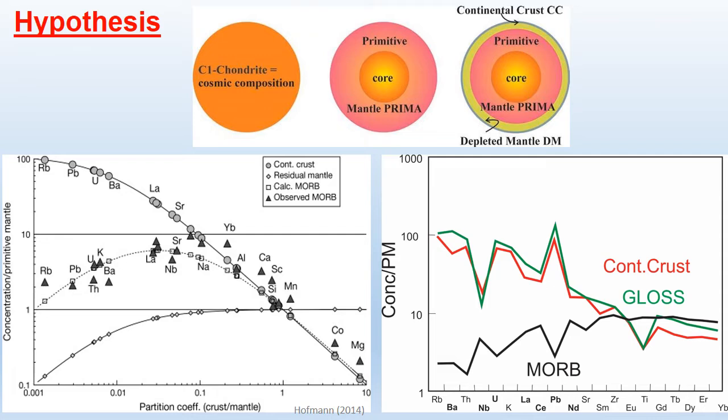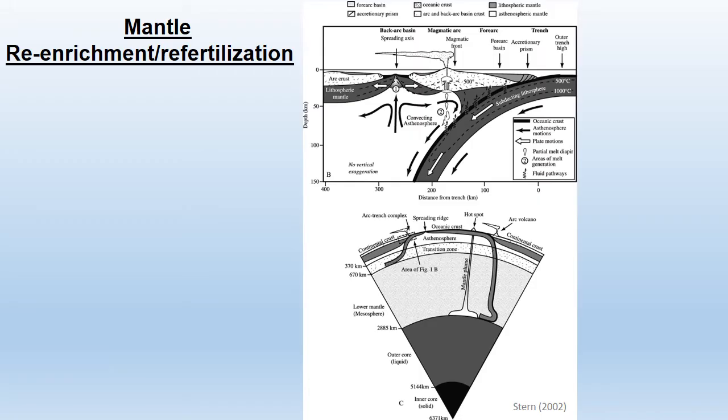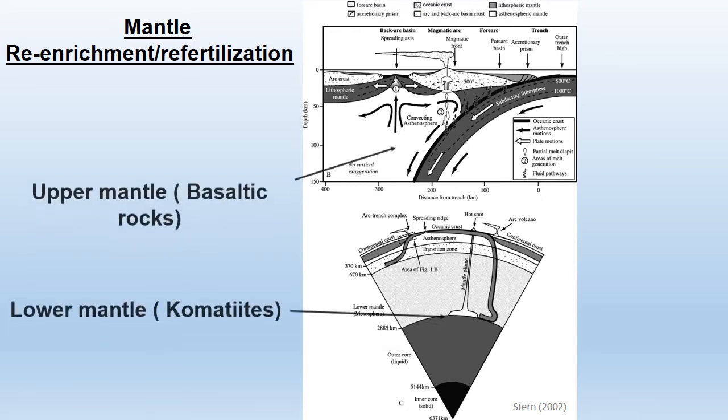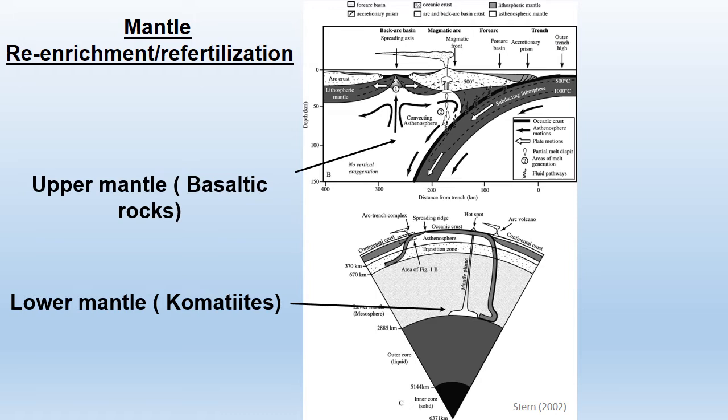So what happens if this crust and sediment go back to the mantle again? It will make a re-enrichment of the mantle, because the mantle is already depleted in these elements. So to study this enrichment, we can track the upper mantle composition through basaltic rocks, or the lower mantle composition through komatiitic rocks, because komatiite mainly comes from the lower mantle.